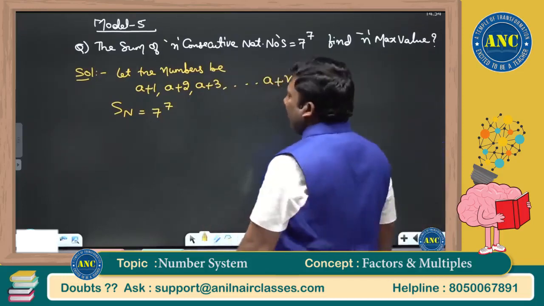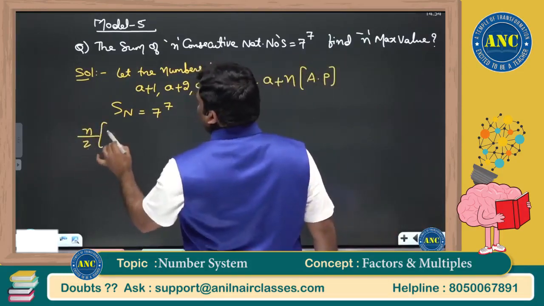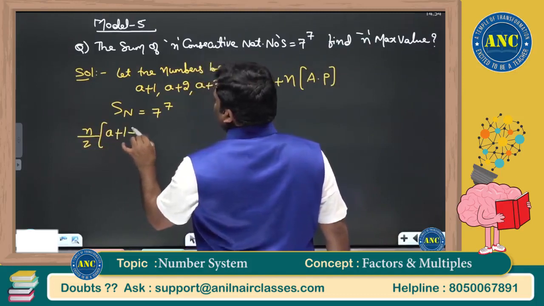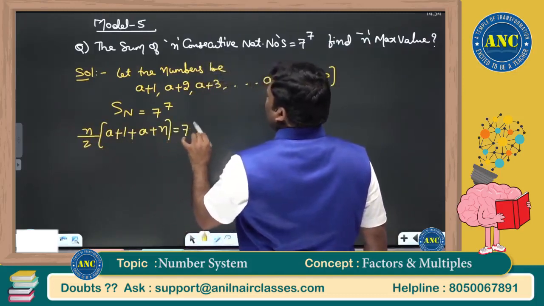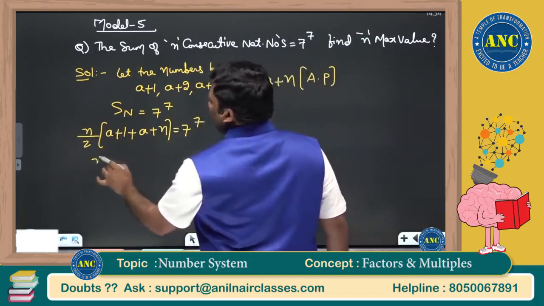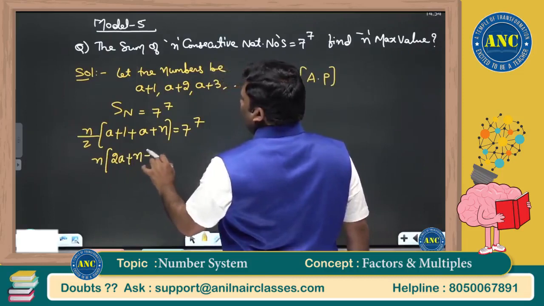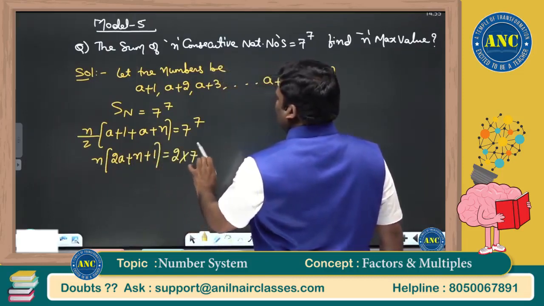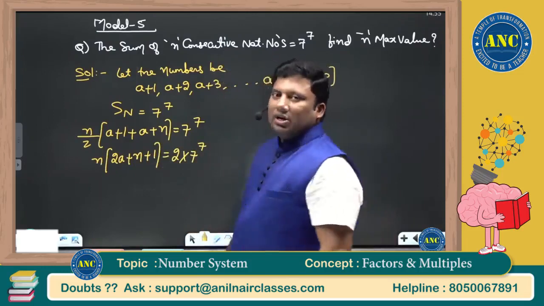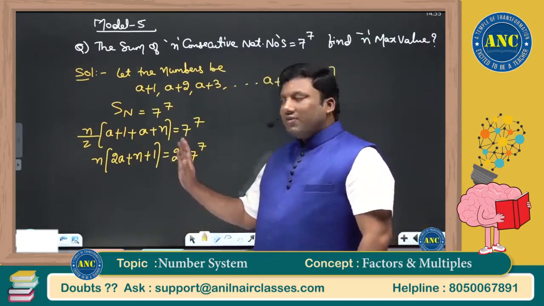What is the sum of n terms? n by 2 into first term plus last term. a plus 1 plus a plus n equals 7 power 7. So n into 2a plus n plus 1 equals 2 into 7 power 7.